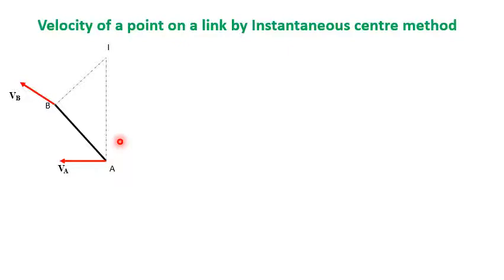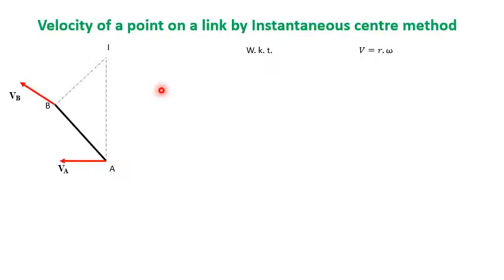Wherever these two lines intersect, we call it the instantaneous center, and it is denoted by the capital letter I. These two velocities are having a pure rotational motion with respect to this instantaneous center I.